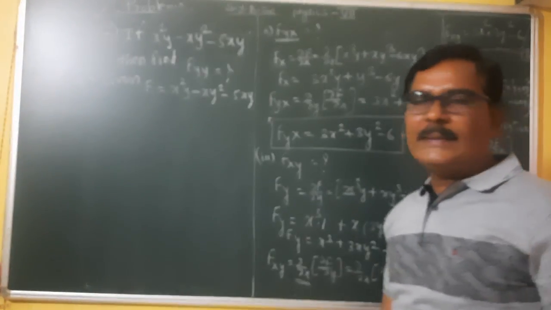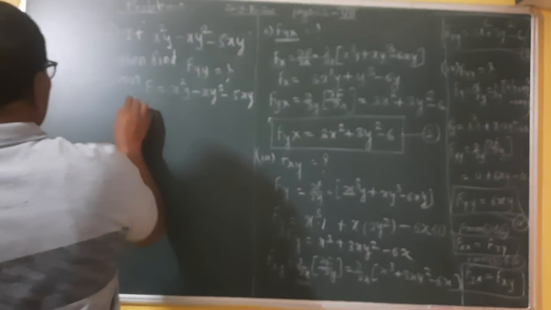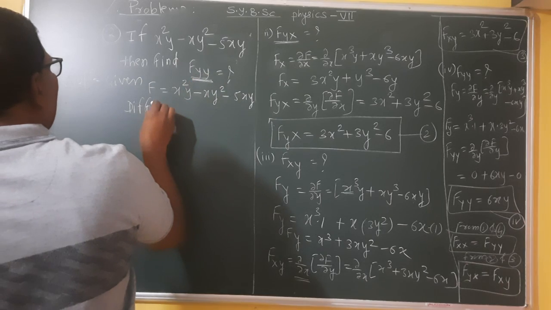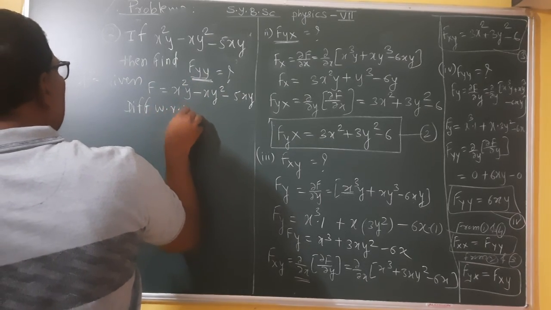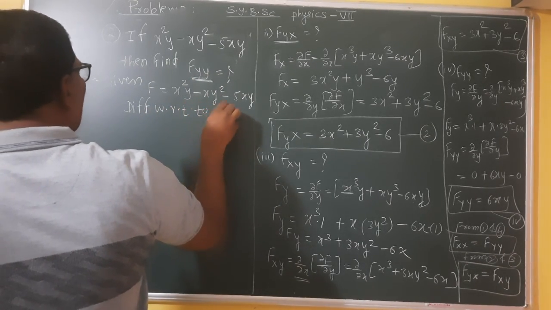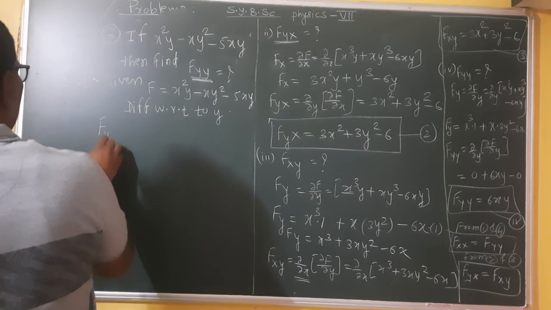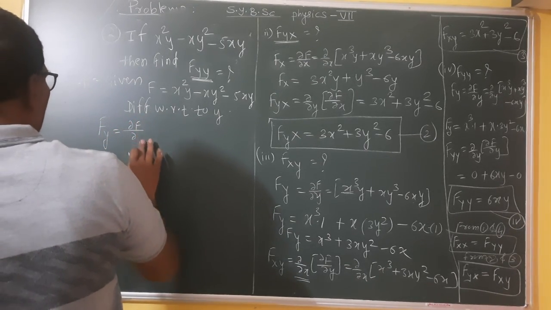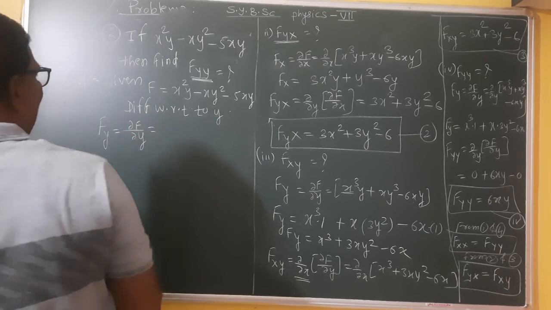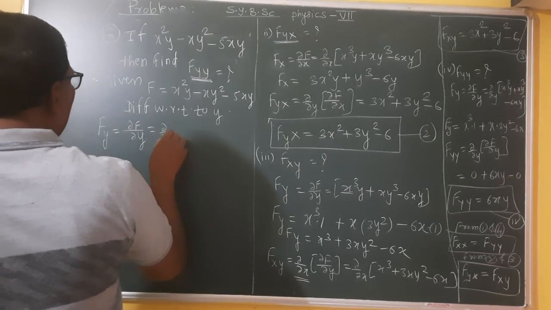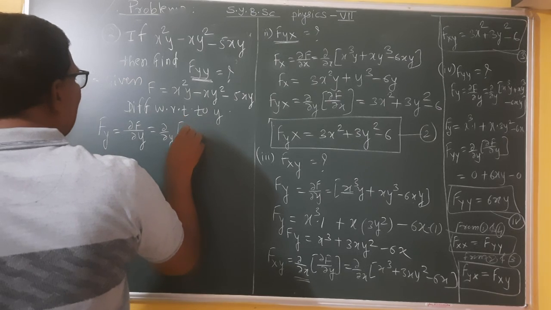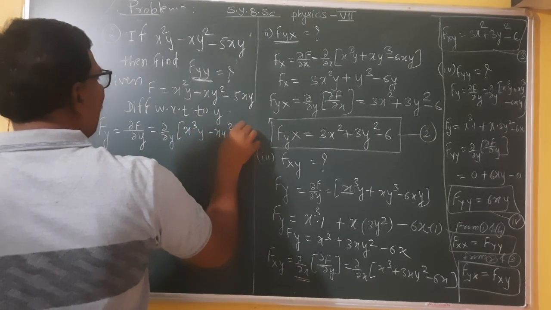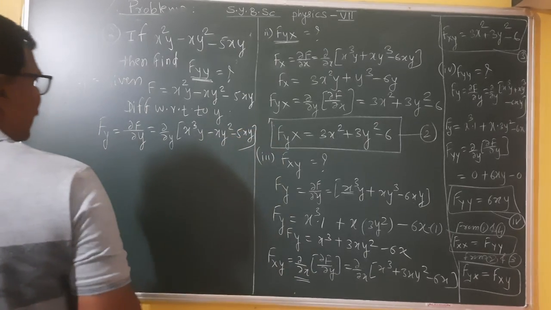How can we find fyy? First of all, differentiate with respect to y. fy is equal to ∂f/∂y, which is equal to ∂/∂y of (x²y − xy² − 5xy).